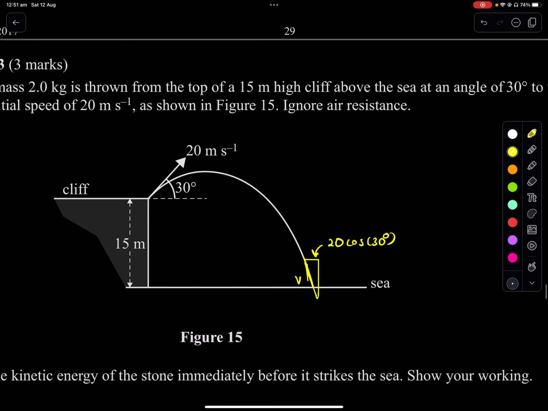We want to calculate the velocity. So v, final velocity. We know u, your initial velocity, is just 20 sine 30 degrees. What else? We know s is negative 15. And we know acceleration is negative 9.8.